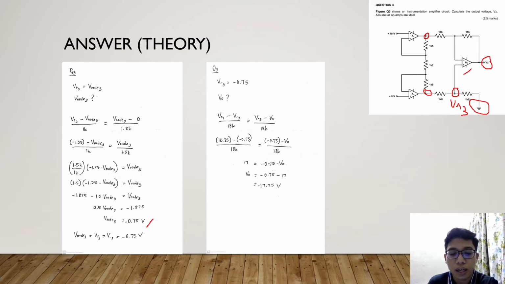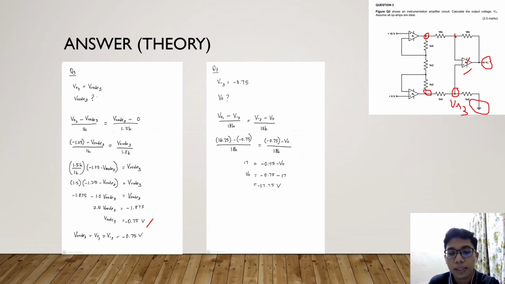Since the value of V naught 3 is equal to V plus 3, it is also equal to V minus 3, which is here. So we just use the same value to get V output. How? Just apply the formula. V output 1 minus V minus 3 over 18k is equal to V minus 3 minus V output over 18k.